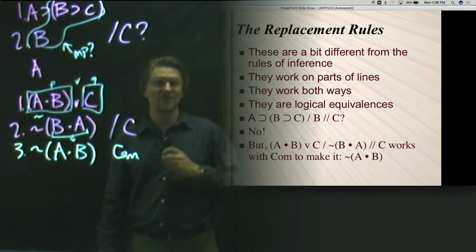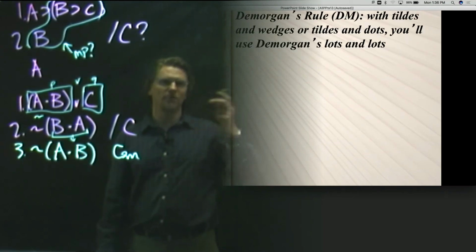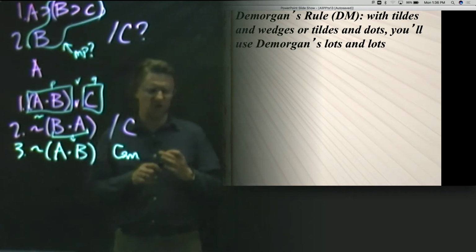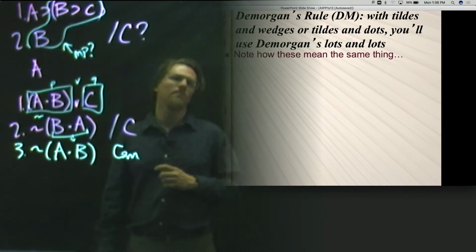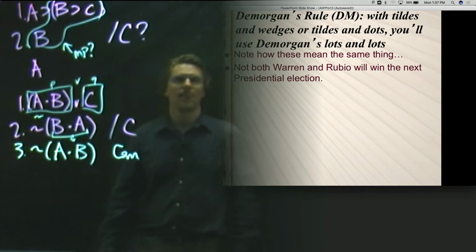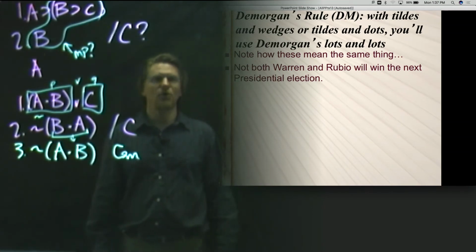Having said that, what I'm going to do here is talk to you about these various replacement rules, the first of which is called De Morgan's rule. I'm just going to give you some written out examples of these different rules, like I did with the rules of inference. So I might say to you, not both Warren and Rubio will win the next presidential election. In other words, we don't have co-presidents.